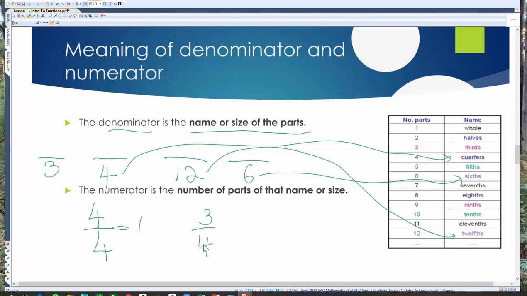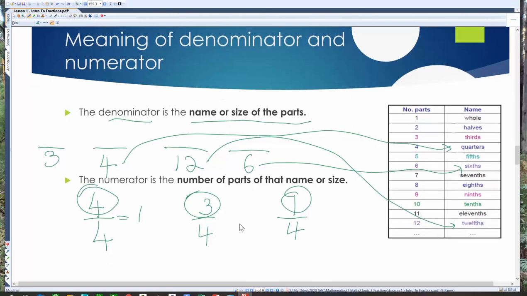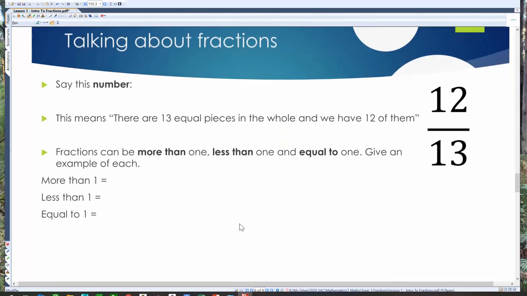In that instance, you'd get back in the car and say, I got 3/4 of a game tonight. If you didn't attend training, you might get only 1 part out of the 4, a quarter of the game. So that's what the numerator refers to: the number of parts that we have.